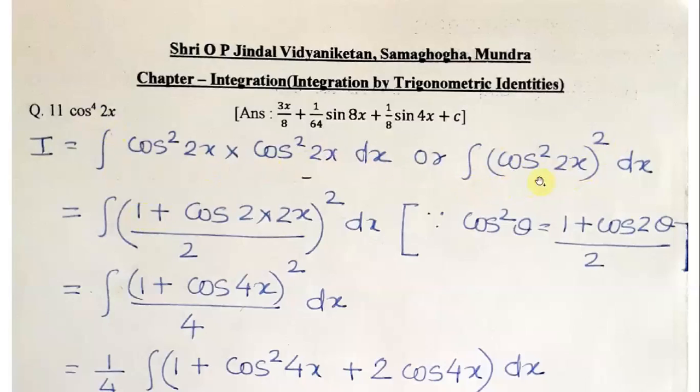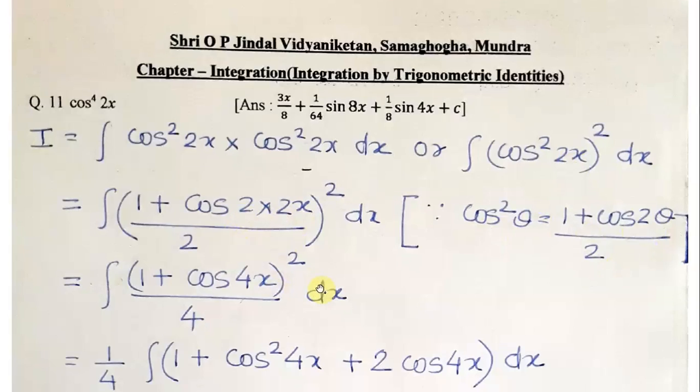Now cos square 2x formula I am applying, because I know that a formula of cos square theta, that is 1 plus cos 2 theta upon 2. My theta will be here 2x. Okay, so see, in place of theta I kept 2x. 2 and 2x multiplied will become here 4x. Now the problem doesn't solve.